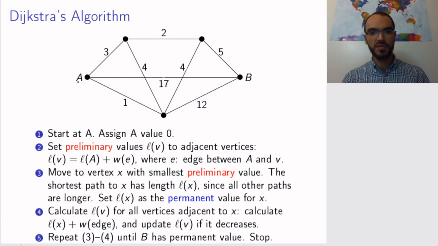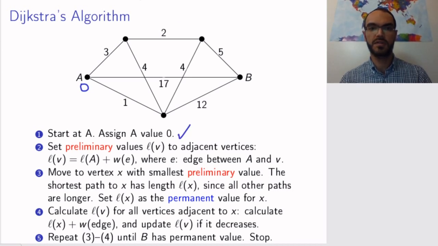What we want to do is to find a path of shortest length or lowest cost from A to B. Remember the way to do it is we want to go through all vertices and assign to them values that tell us how long is the shortest path to this vertex. So we start with A. The shortest path from A to A has length 0, so we assign the value 0 to A.